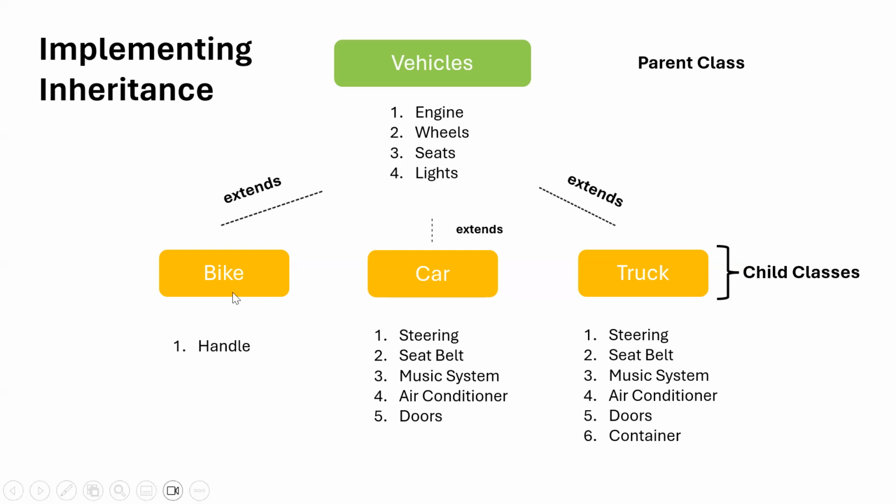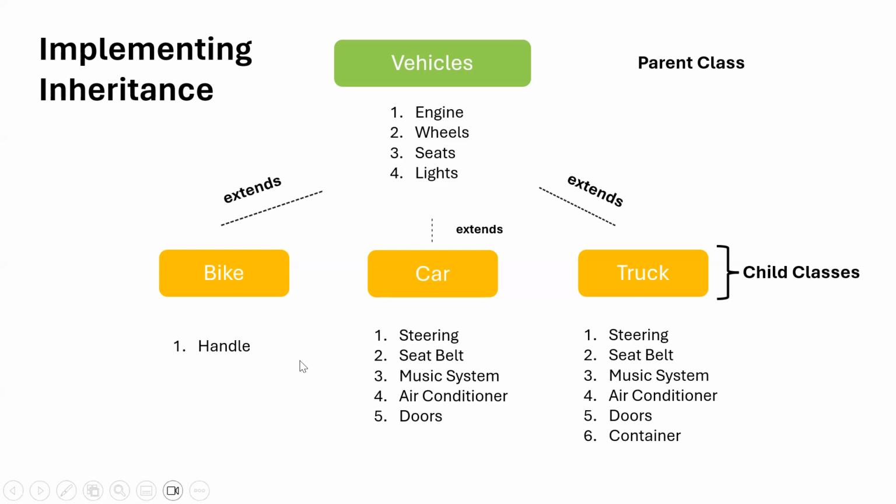These bike, car and truck classes are known as the child classes, and all these classes will inherit the common features from the vehicle and will implement their unique features in their subclasses. This is the way to implement the inheritance concept in Java programming language.